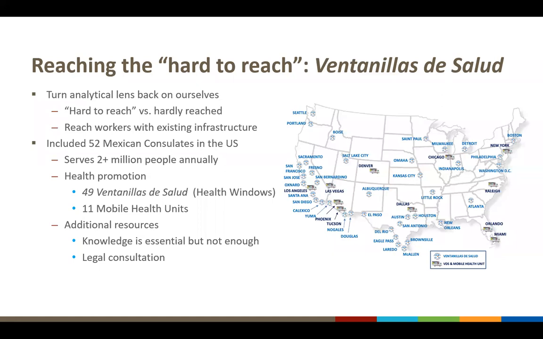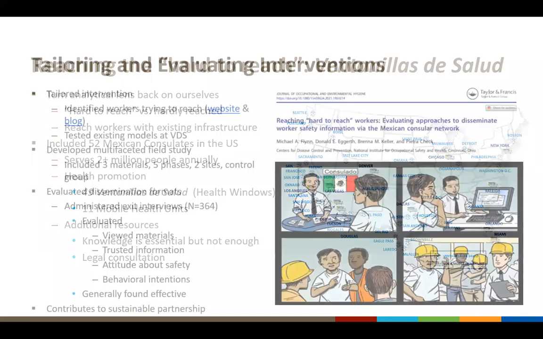So not only could we disseminate information to workers, but we could also tell them that, recognizing that occupational safety and health has both a legal and a health component, here's the health information, but if you have questions or need legal consultation, you can just go right down the hall and make an appointment with the legal services there as well.